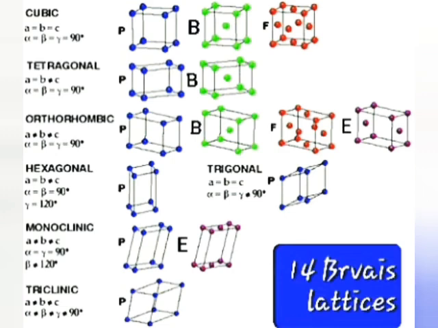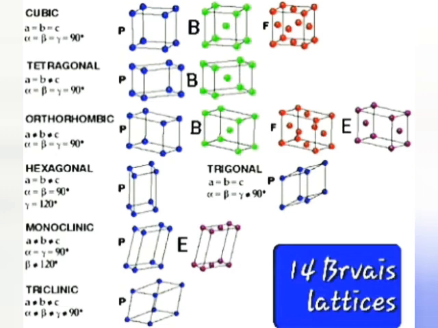For cubic there are 3 structures: primitive, symbolized as P, body centered, symbolized as B, and face centered, symbolized as F. For tetragonal there are 2 structures, primitive and body centered. For orthorhombic there are 4 structures: primitive, which means simple, body centered, face centered, and end centered.